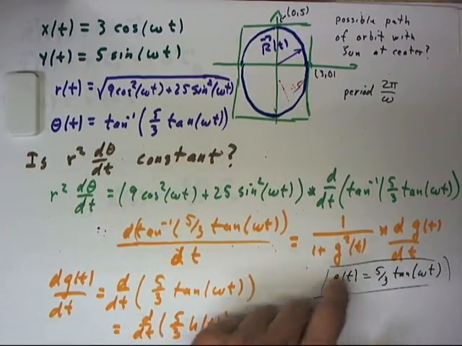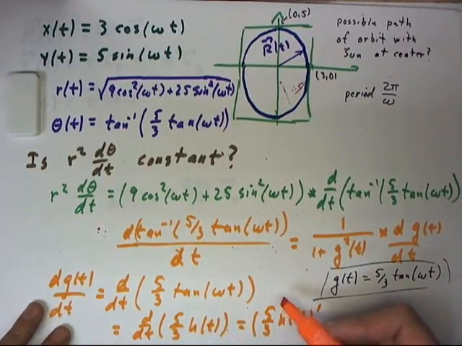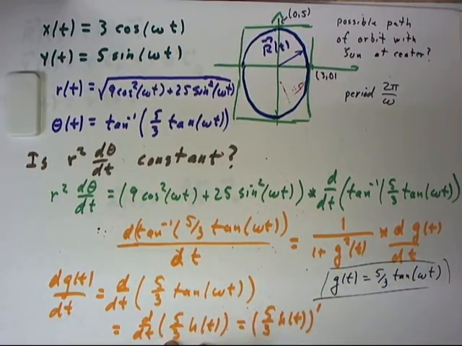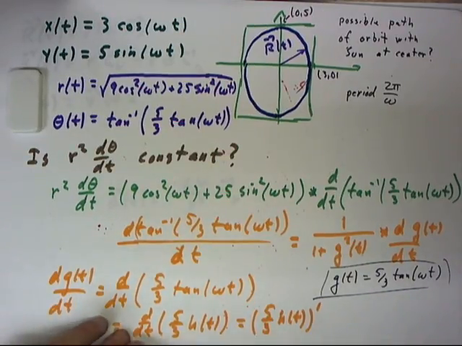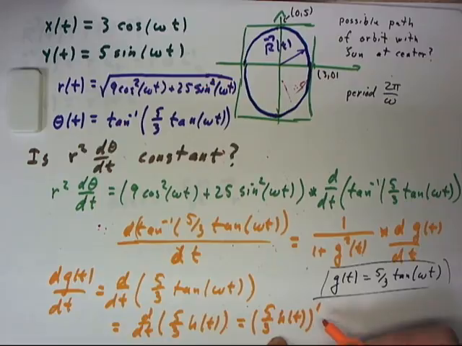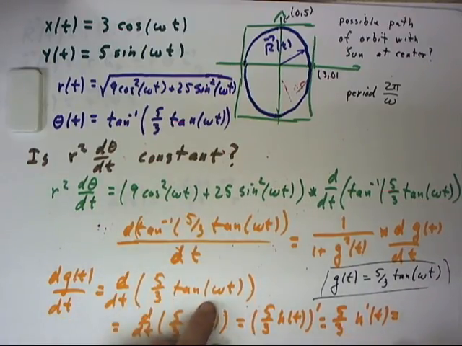I'm going to use the prime instead of the d dt notation for this. That's the derivative of the inner function. And that's going to be 5/3 h prime of t, which is 5/3 times the derivative of tangent omega t.